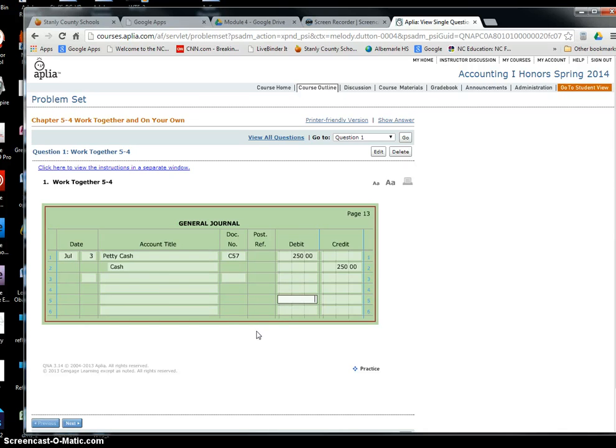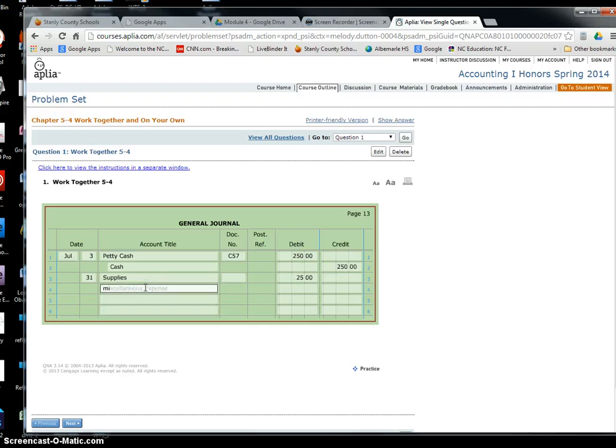So looking at our directions for the work together, on July 31st, we need to look at our own petty cash account, and we spent for supplies. Okay, so I'm going to put in here supplies. I'm going to put that we spent $25.